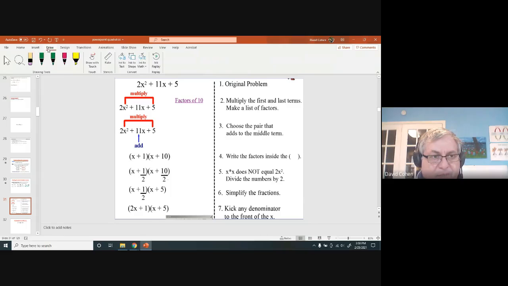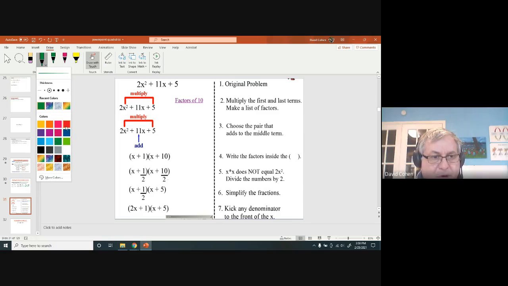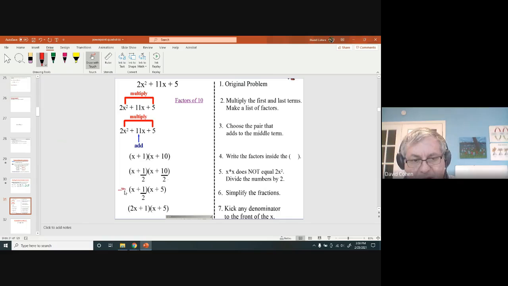So to check that, I'm going to take this value here. This is what I'm looking at. And I'm going to multiply the first, so that's x squared. The middle, the outside, x times 5 plus 5x. The last, so that's 5 over 2.